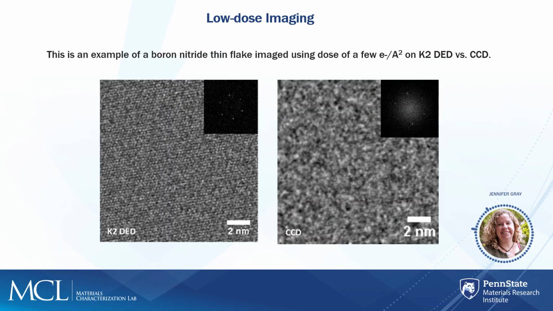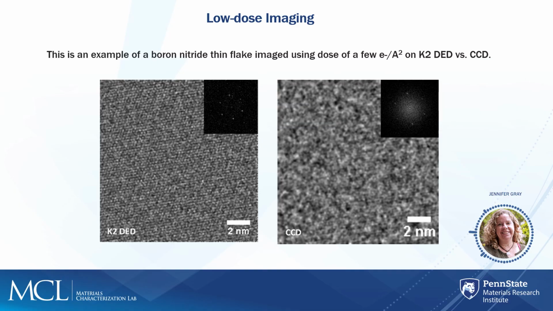So this slide shows an example of what I mean by low dose imaging using a direct electron detector, this newer technology that's a very sensitive type of detector. On the left-hand side, we have an image of a very thin, crystalline boron nitride flake, where we've imaged it using only a few electrons per angstrom squared on the K2 direct electron detector.